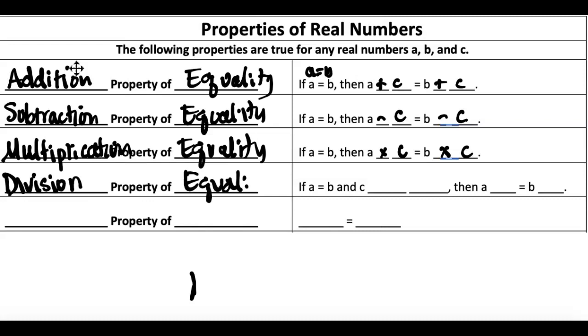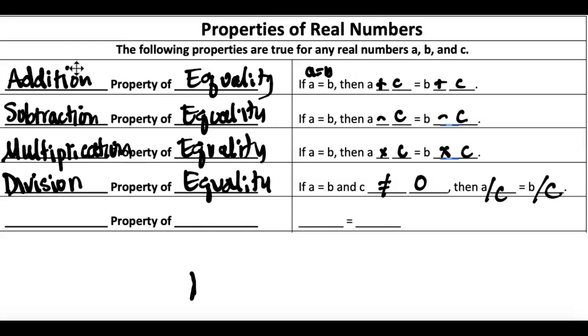In this property, we're looking at if A equals B, and as long as C is not equal to 0, then A divided by C is equal to B divided by C.